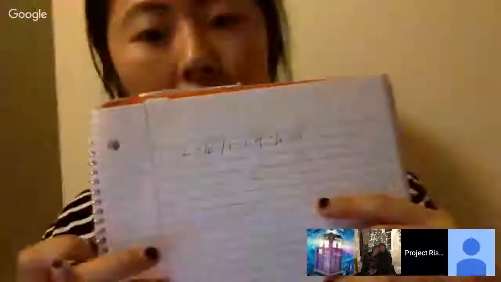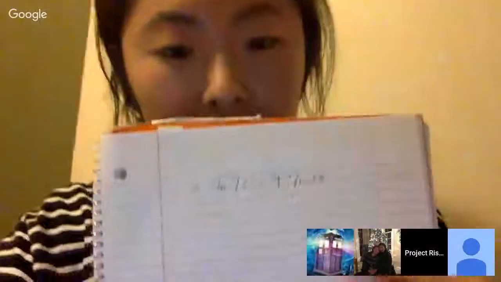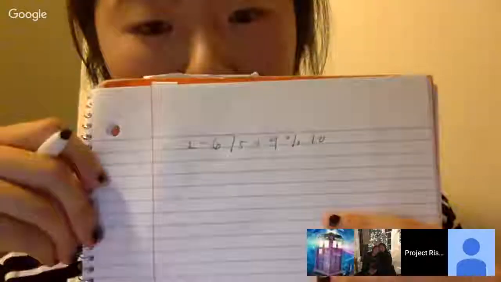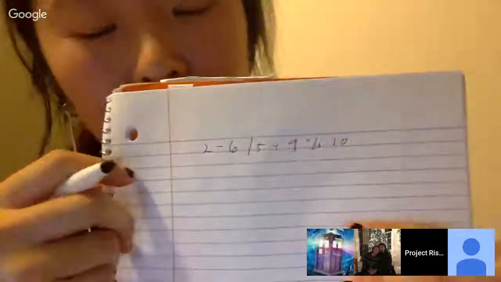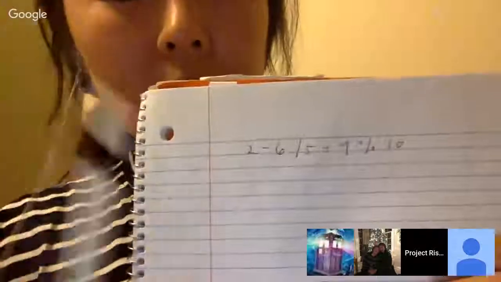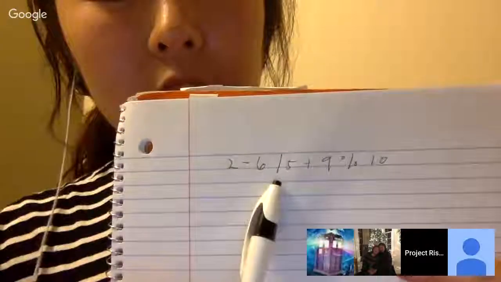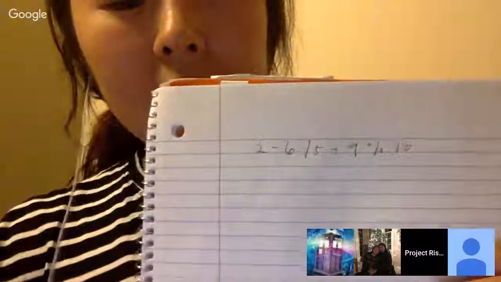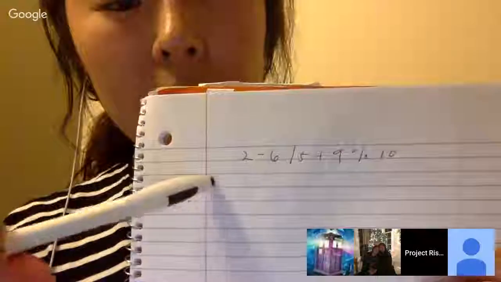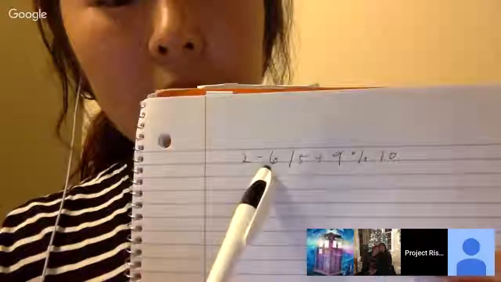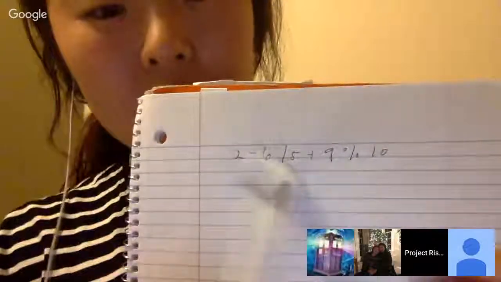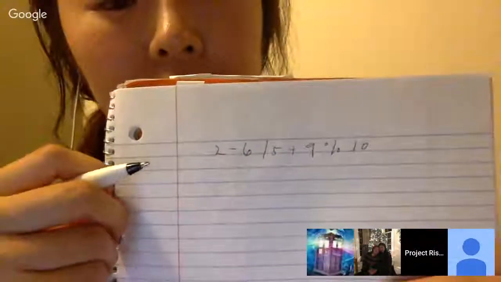Okay, so if you look at this one, we're doing order of operation. So as we have talked about this last week, we said that this division sign and mod sign have the same hierarchy, so we just read from left to right. So we do 6 divided by 5 first, which is just an integer division, so that becomes 1.